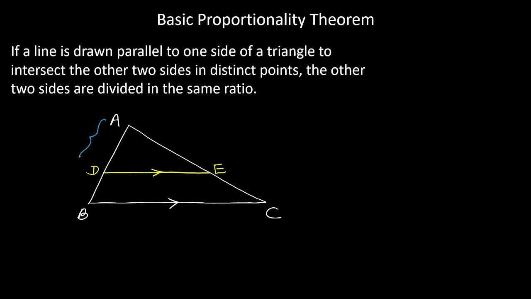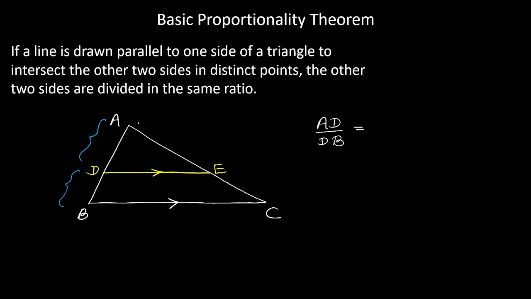Meaning that on the left side I got AD and DB, right? If I draw a line like this, on the left side I got two sides, AD and BD. The theorem says the left side ratio AD by DB is exactly equal to the right side ratio.